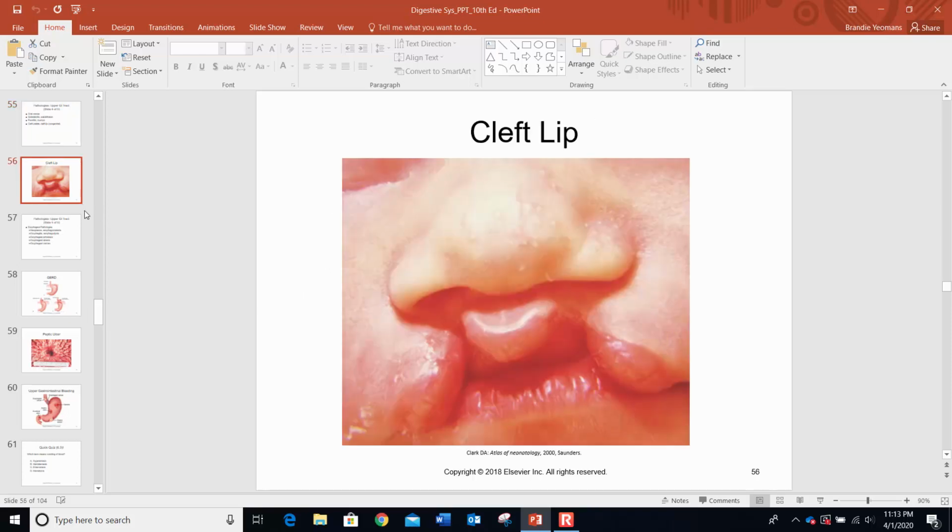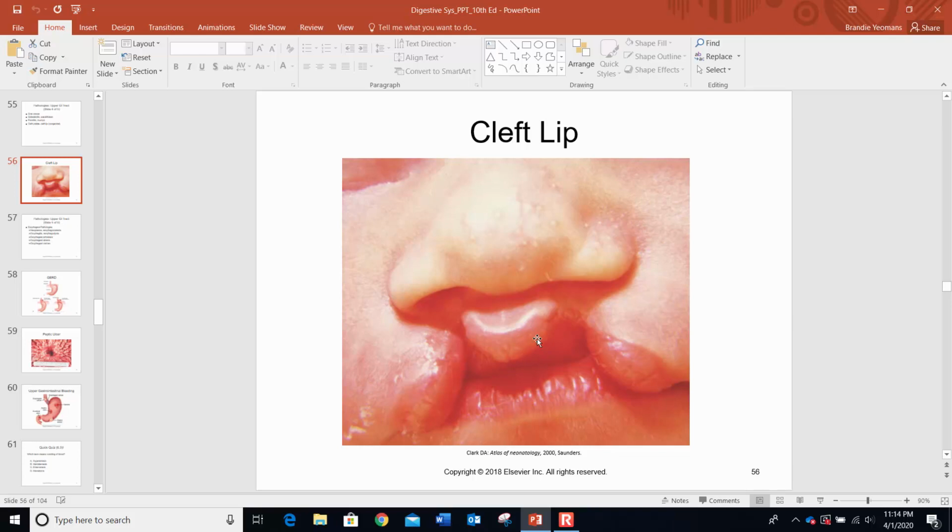Cleft palate, this is cleft lip, and then cleft palate, of course, would extend into the oral cavity, into the palate, which is the upper portion of the roof of the mouth, if you will. That obviously it's not easy to look at, and it's a cosmetic thing that we would need to fix, but more physically, this is a problem for our patient, especially these babies, because they can't suckle on a bottle or the mom's breast in order to get nourishment.